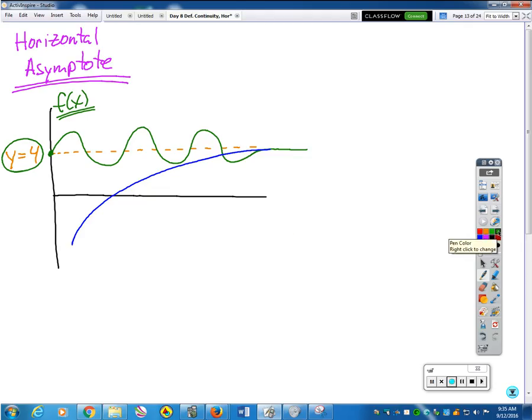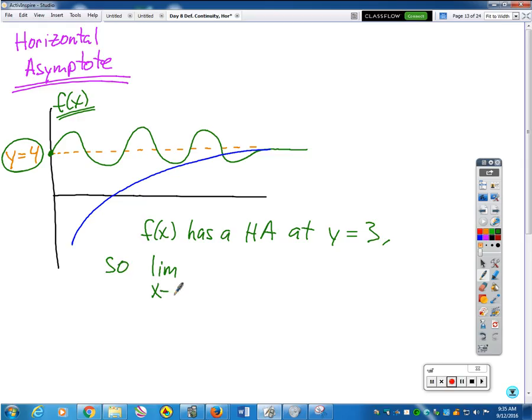For example, if I say f of x has a horizontal asymptote at y equals 3, you know that the limit as x approaches infinity of f of x is also equal to 3. Declaring a horizontal asymptote and the value of the limit, those are the same thing. Good question.